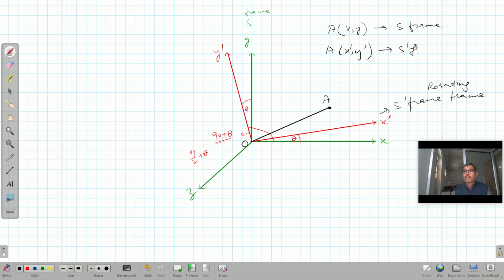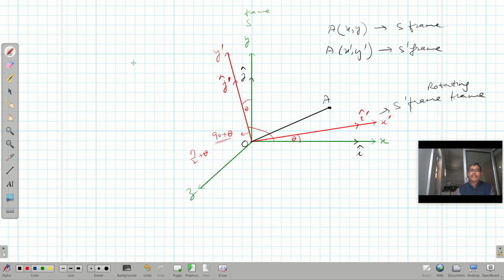And let us call the unit vector along the x-axis i cap, and along the y-axis j cap, whereas along x prime it is represented by i prime, and along y prime j prime.